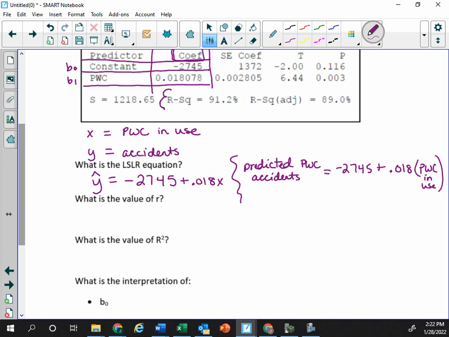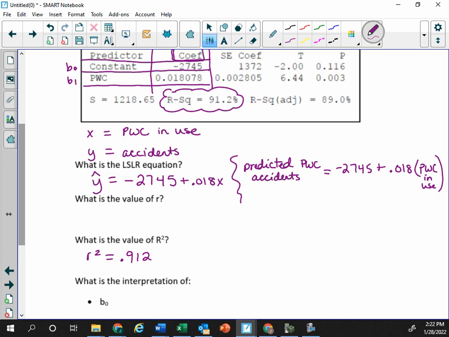It says 91.2%. Your r squared is 0.912. Okay, so they will give you that value. You're not going to use the r squared adjusted. You're just going to use the r squared value there.